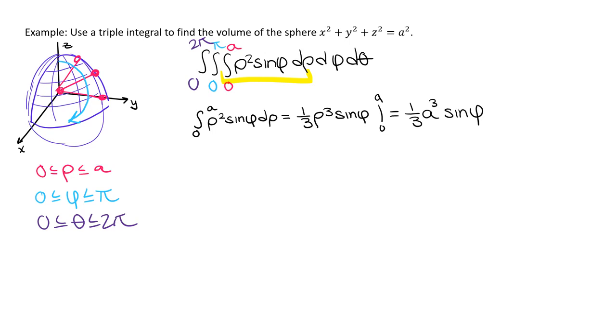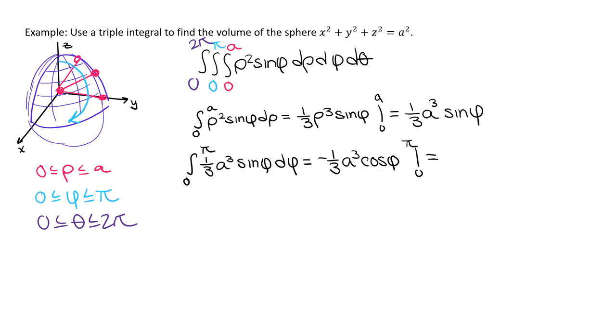So there's my integral, and now I'm just going to go ahead and evaluate this one piece at a time. So I'll start by integrating with respect to rho. So I get 1/3 rho cubed sine phi. Plug in my bounds of integration. So 1/3 a cubed sine phi. And then I'm going to integrate that expression with respect to phi.